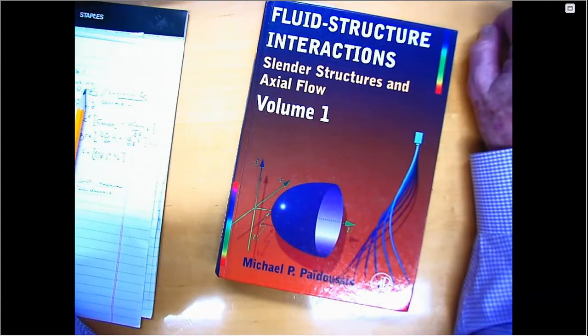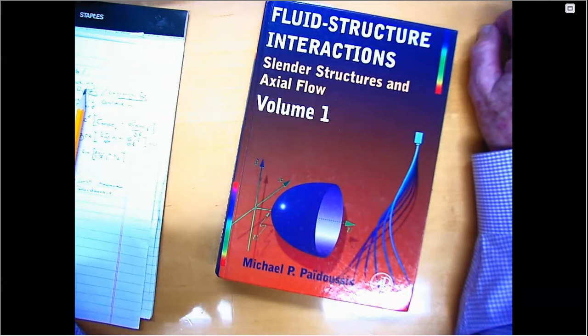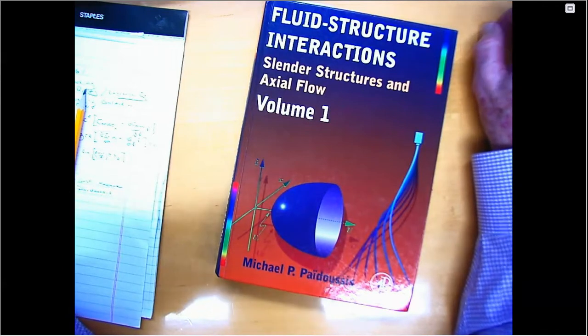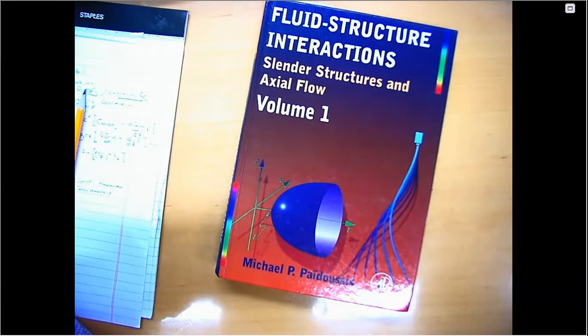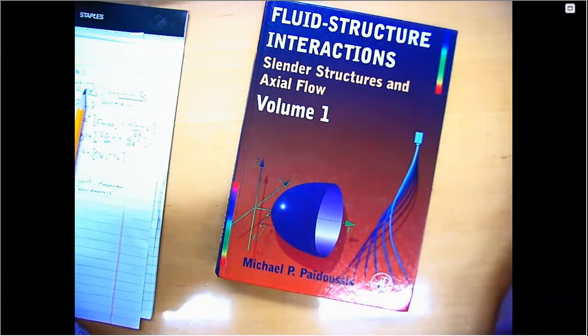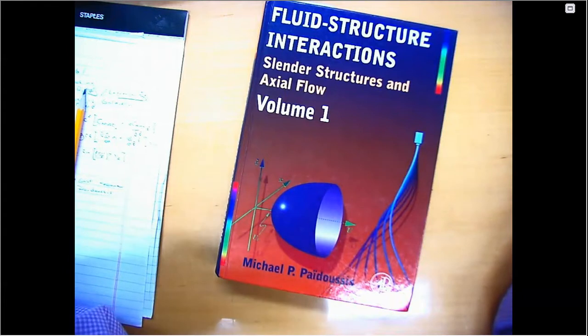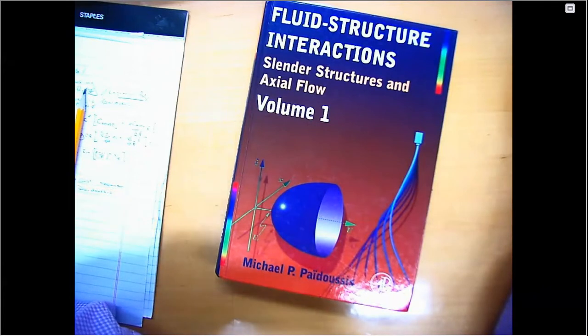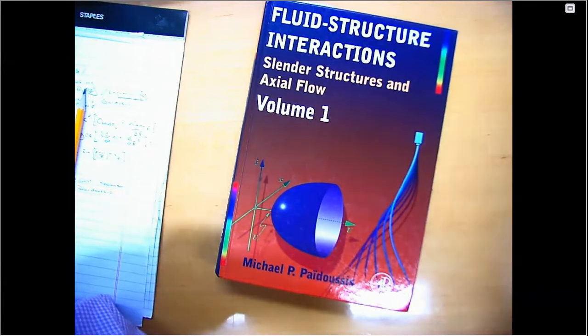Because his PhD advisor at Cambridge was a fellow named Thomas Brooke Benjamin. I'm not sure what the T stands for. Anyway, he was called Brooke Benjamin. He literally, and this is the classic amateur English approach to science and engineering, went out in his garden, it is said, and took his garden hose and let water run through it.